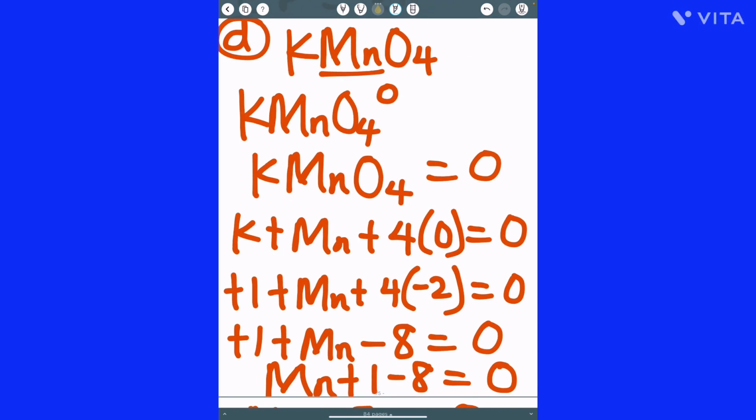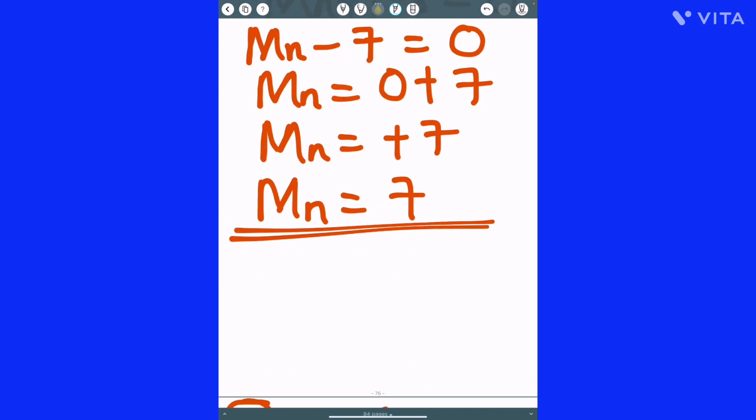KMnO4 is done the same way. Potassium is plus 1, oxygen is minus 2. You solve for the charge of manganese and you get 7. So this helps us name this compound. I would have named it potassium tetraoxomanganate 7.